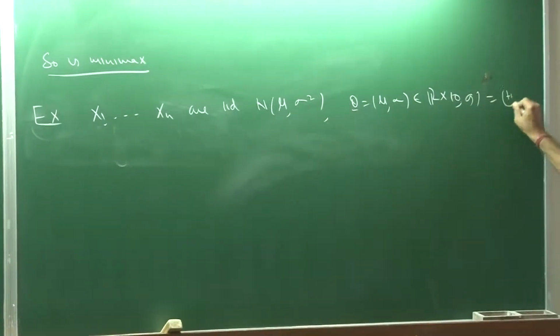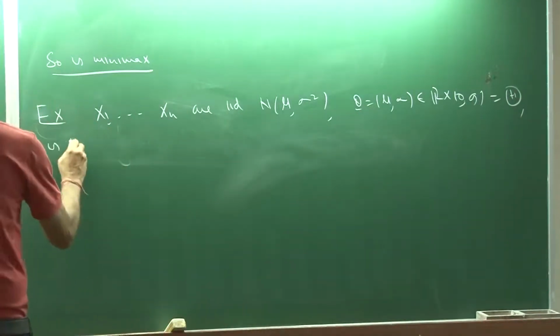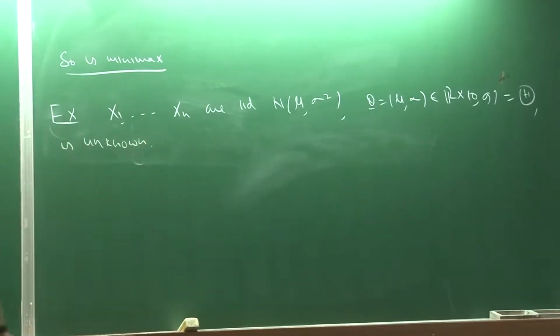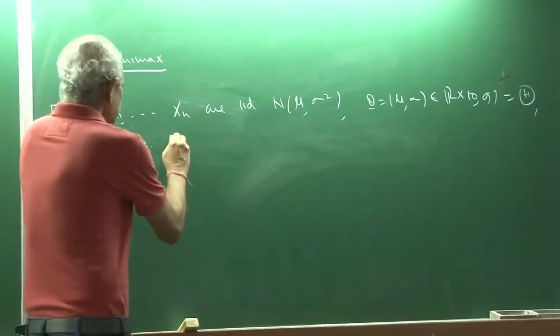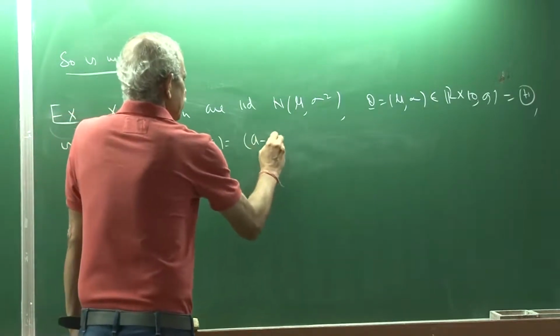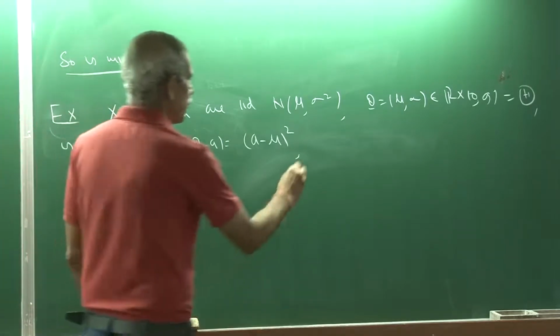Let me call this theta, which is unknown. I consider my loss function to be L theta A, which is nothing but A minus mu whole square.